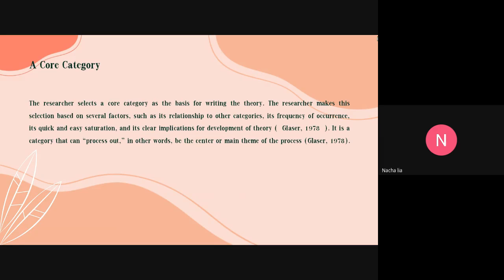The researchers make this selection based on several factors, such as its relationship to other categories, its frequency of occurrence, its quick and easy saturation, and its clear implication for development of theory, according to Glaser, 1978. It is a category that can process out, in other words, be the center or main theme of the process.